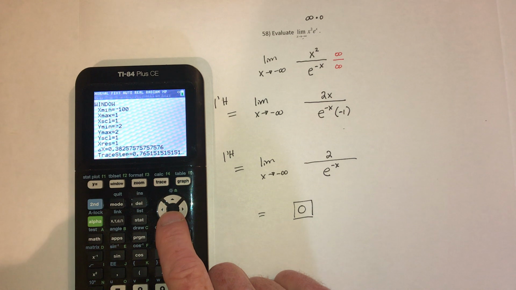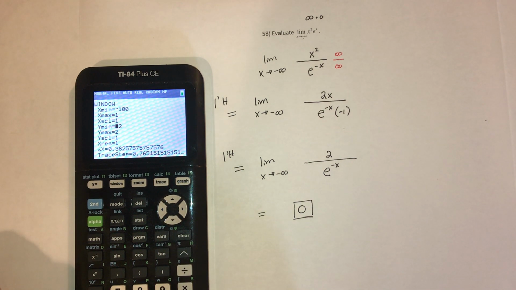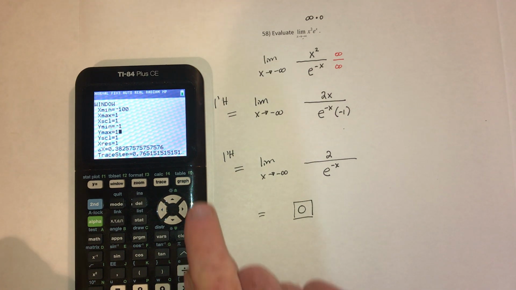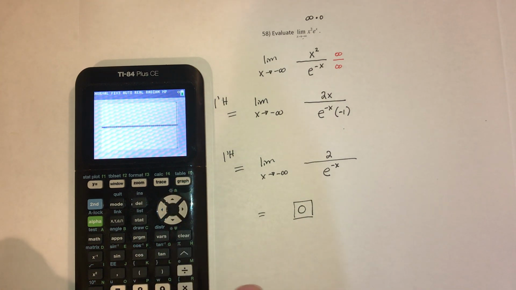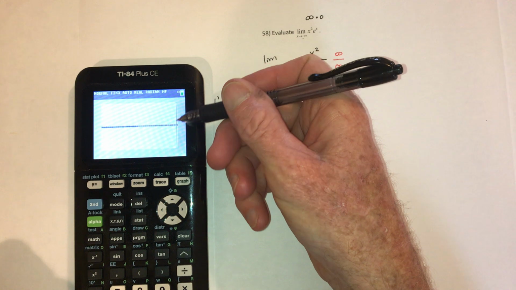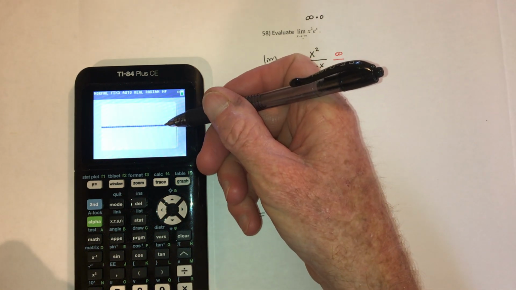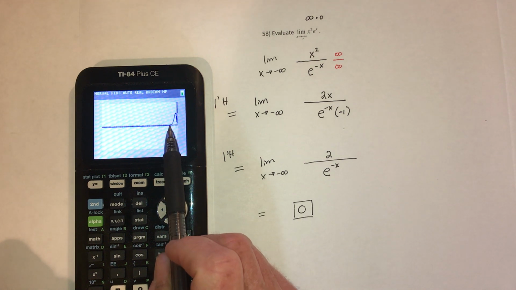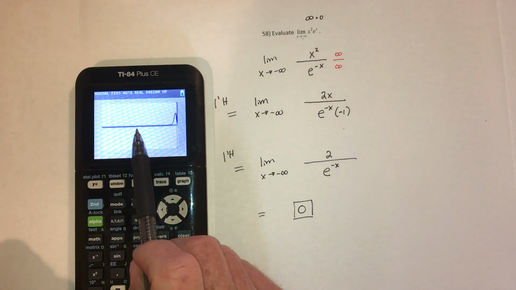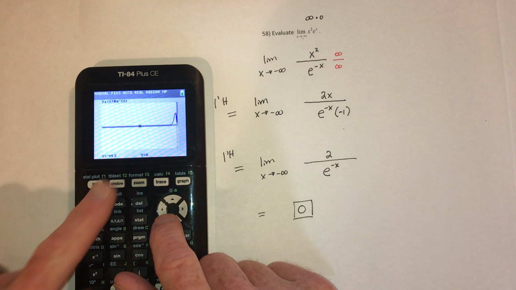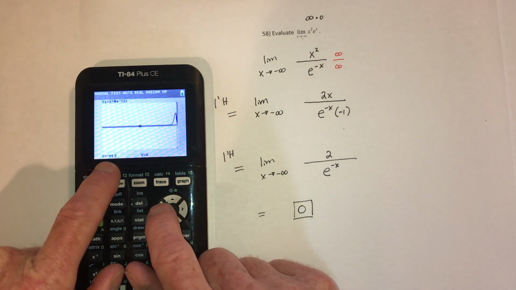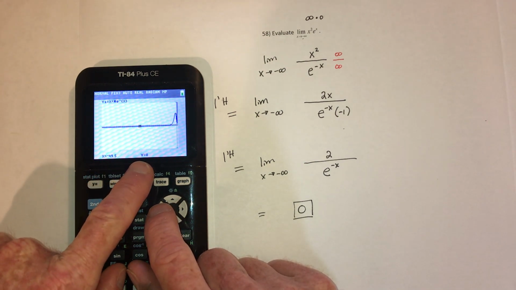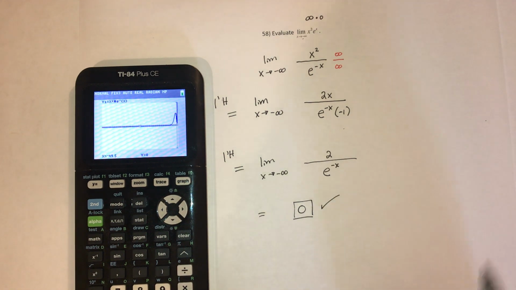And I believe that the answer is 0, so I could change the y-scale to -1 to +1. And then take a look at the left side of the graph. So right here's the y-axis, there's -1, -2, etc. And as you can see, the function has this little blip right here, but then it's practically 0. And then if you trace, it says if you're out here at -49.5, the y value is 0. So this one is correct.